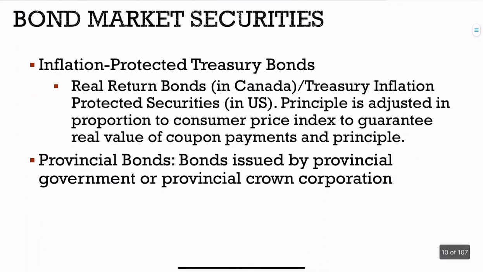Okay, the second type of bond we're talking about is the inflation-protected treasury bonds. It is inflation-protected because there is some indexing happening here.